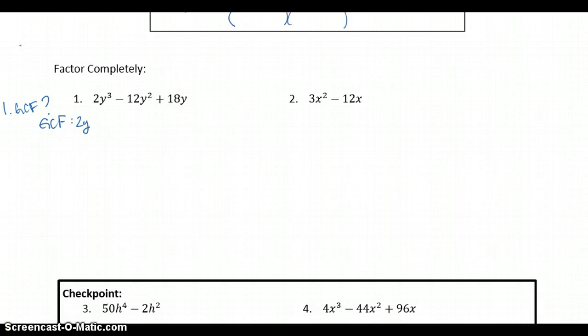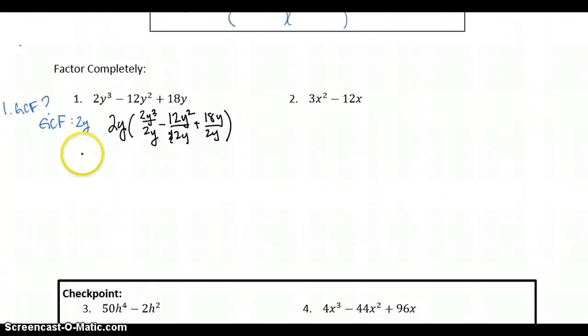So whenever I pull this out of my polynomial, I'm going to write the greatest common factor 2y outside of parentheses, and then inside of the parentheses I'm going to divide each term by 2y. So I'll have 2y cubed over 2y minus 12y squared over 2y, sorry, plus 18y over 2y.